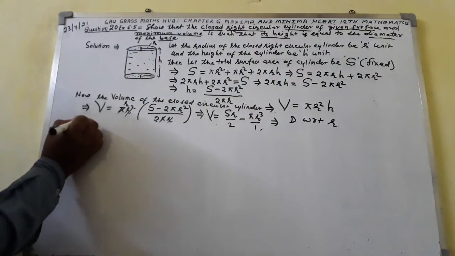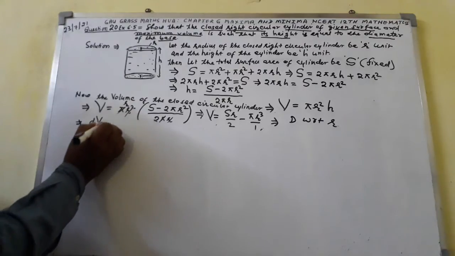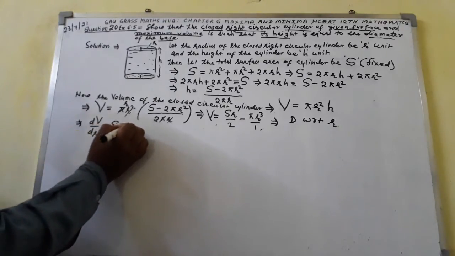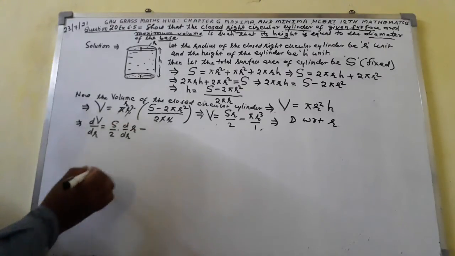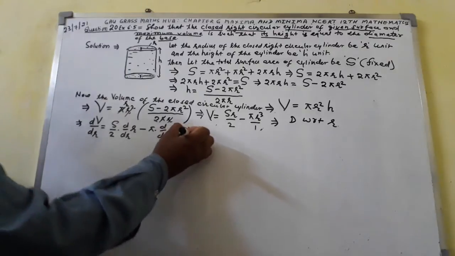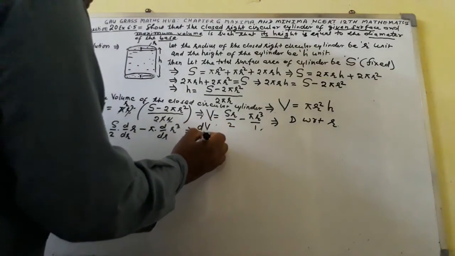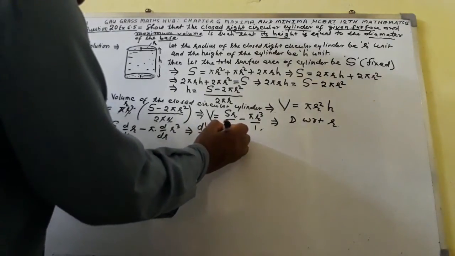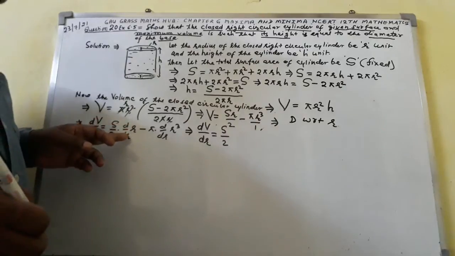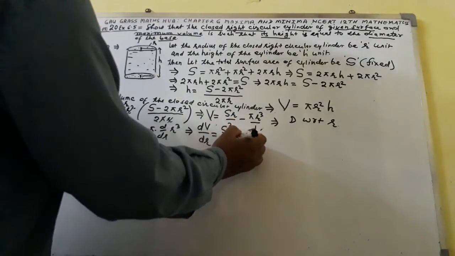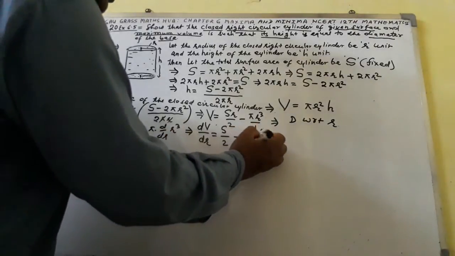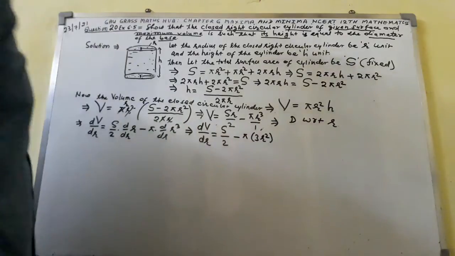So here we shall get, implied that dV over dr equal to S by 2 d over dr of r minus pi d over dr of r cube, implied that dV over dr equal to S by 2 times d over dr of r, which comes out to be 1, minus pi times d over dr of r cube, which comes out to be 3r square. This thing we have got.